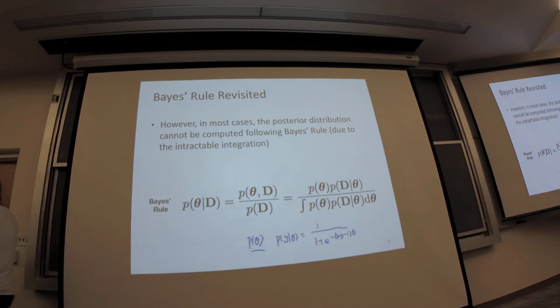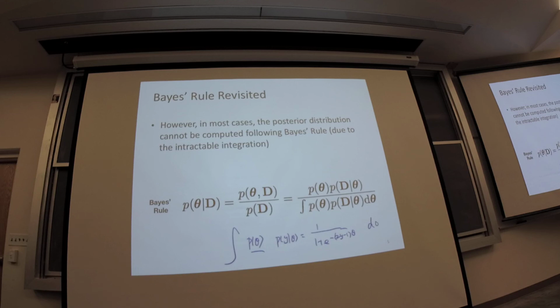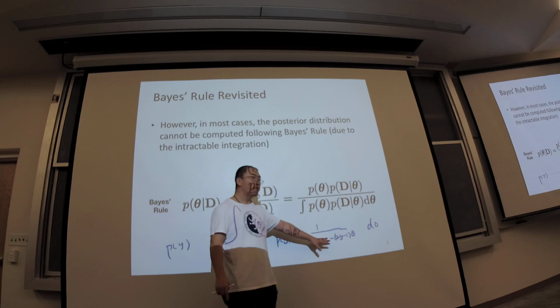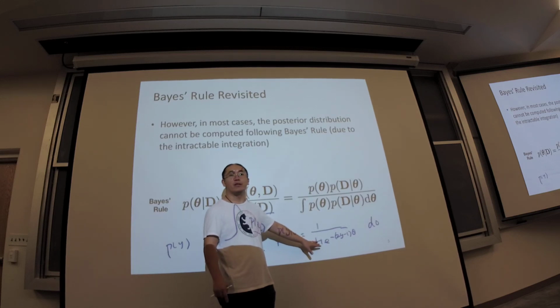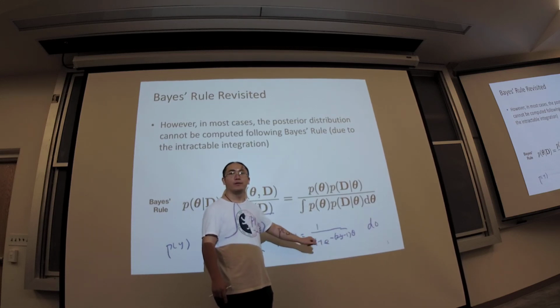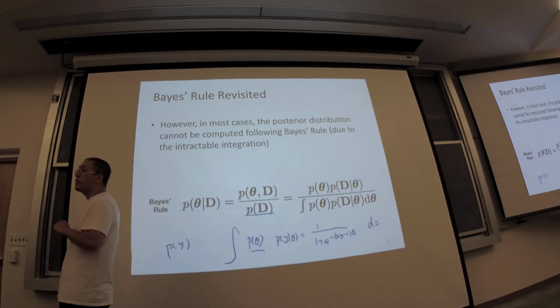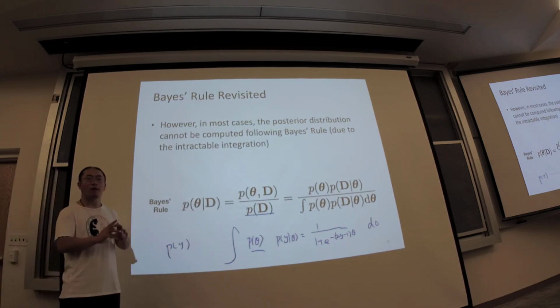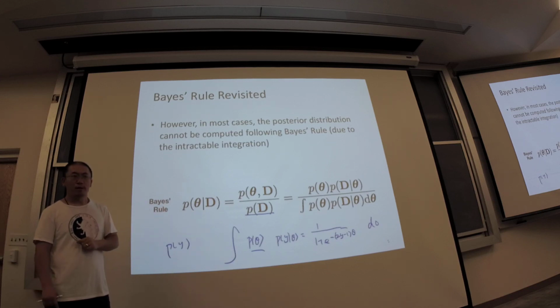Now if I want to integrate out theta to get the probability of y, usually, whatever prior you choose, it's very hard to calculate this integral. This is just for the one-dimensional case, and I have a lot of such examples. So you can imagine if I have a high-dimensional case, how hard is it, right?